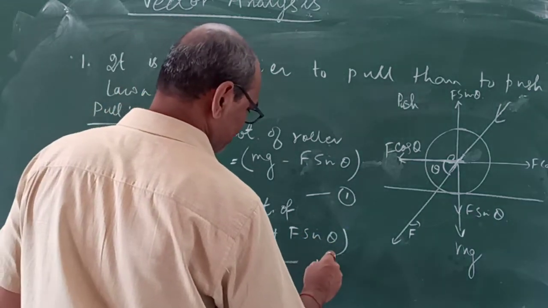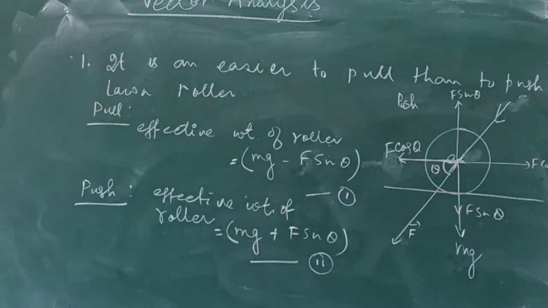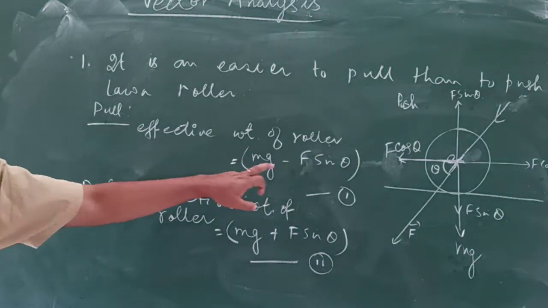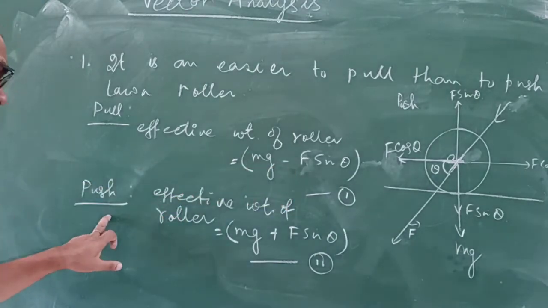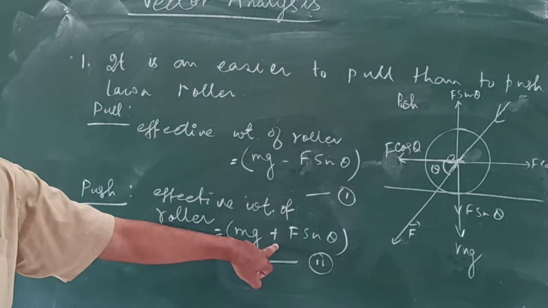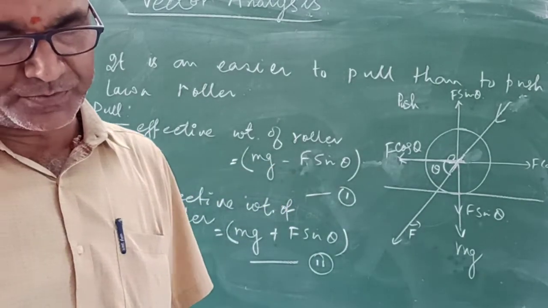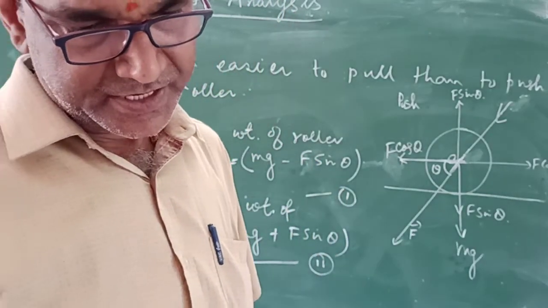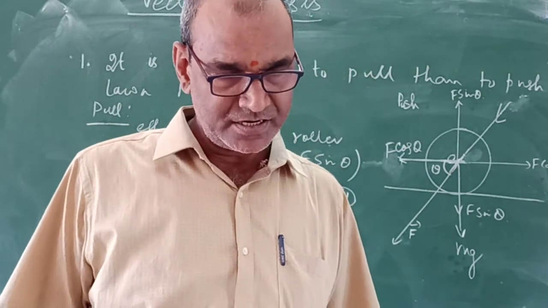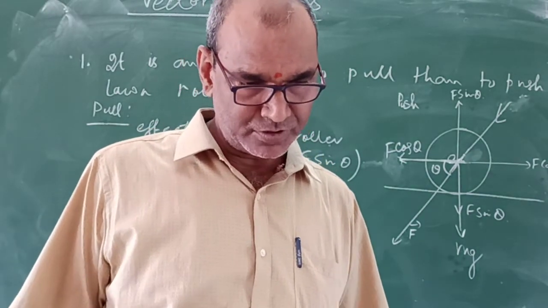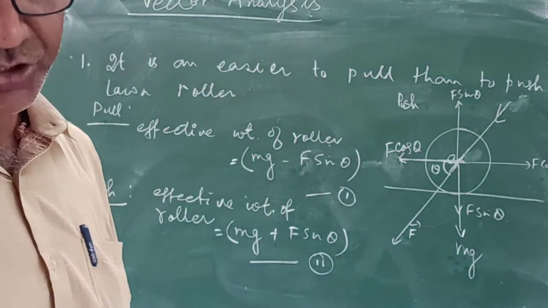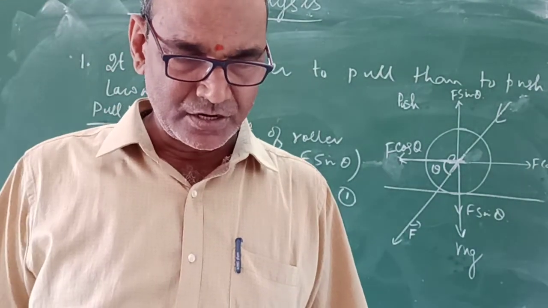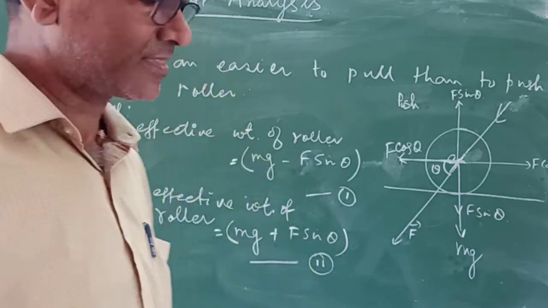Equation number 2. Now from equations 1 and 2, pull force is less because here is a minus sign. Push force is more because here is a plus sign. Hence from equations 1 and 2, the net force due to the weight of the roller in case of push is more than in case of pull of the roller. Hence pull is easier than push of a lawn roller.